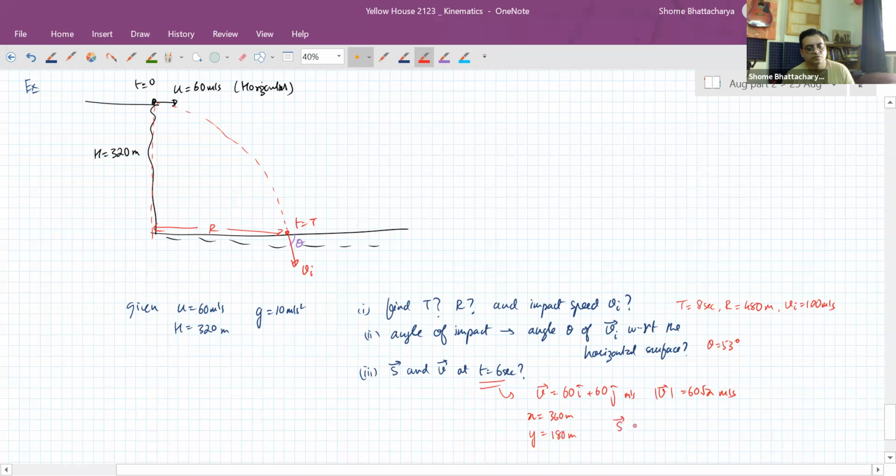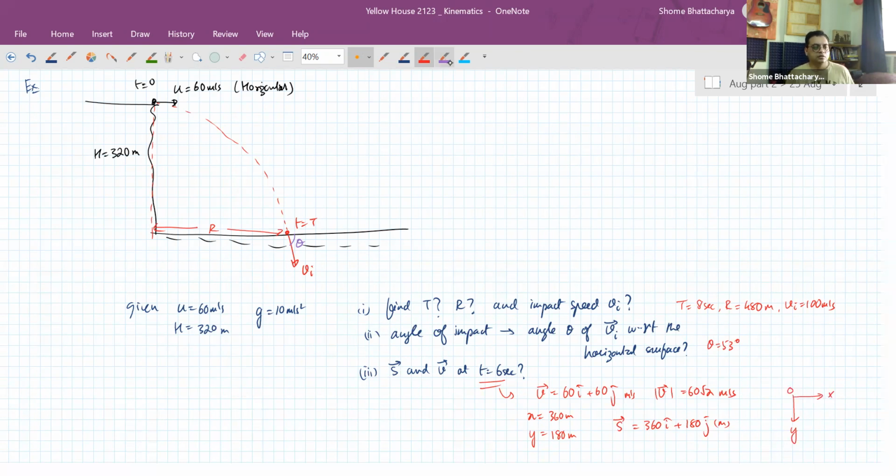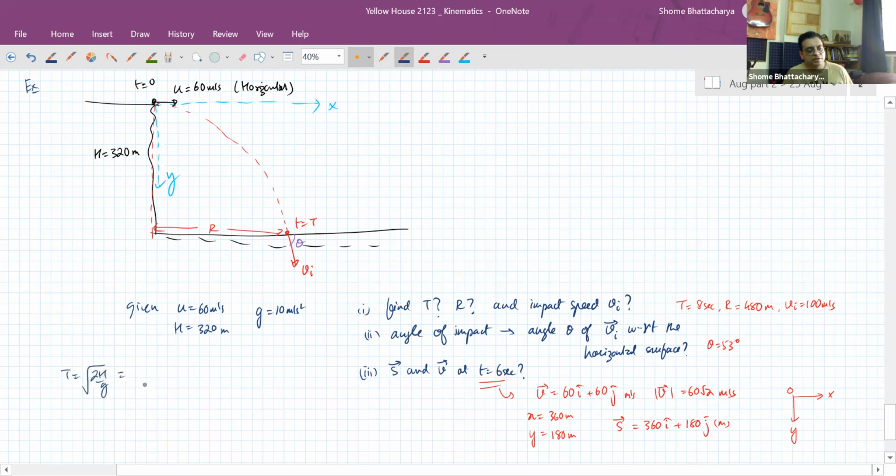So the displacement would have been 360 i cap plus 180 j cap in meters. But remember that this j cap is taking the y axis as downwards. So once again, the standard method, you take the horizontal as your x-axis, vertically downward as your y-axis. So you can see that you can apply this formula directly.